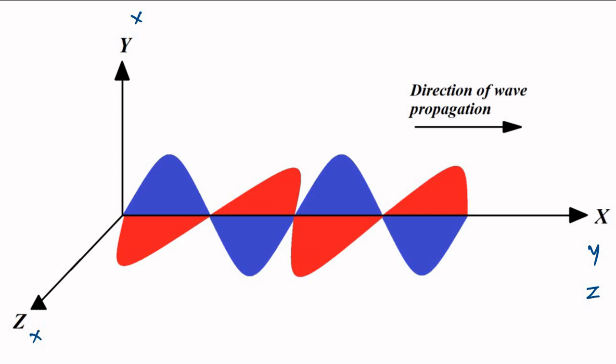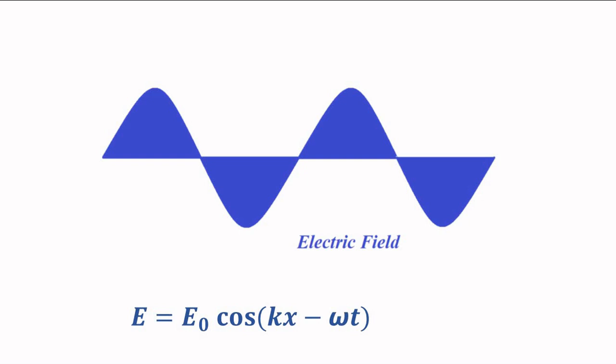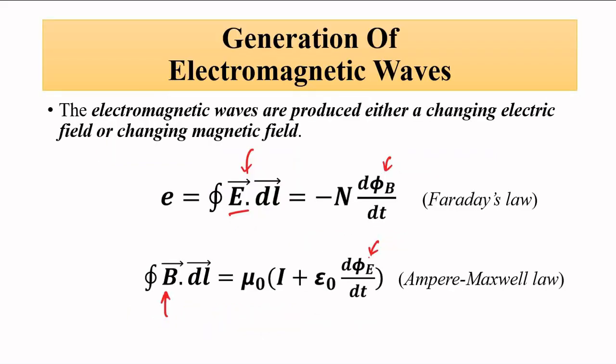This is the basic principle of electromagnetic wave generation, which obeys sinusoidal variations. Here I have written it in cos format, you can also write it in sine format, sine(kx minus omega t), there will be no problem.